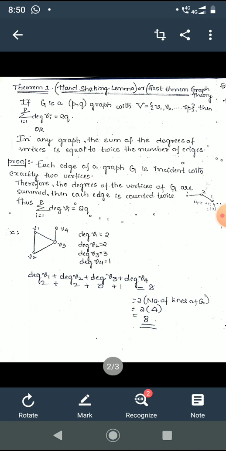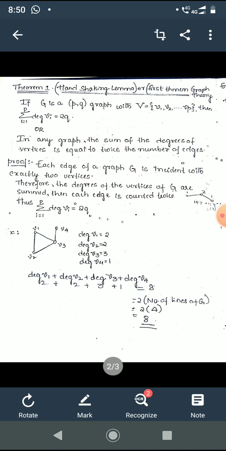This statement can be said in another way also: in any graph, the sum of the degrees of vertices is equal to twice the number of edges.